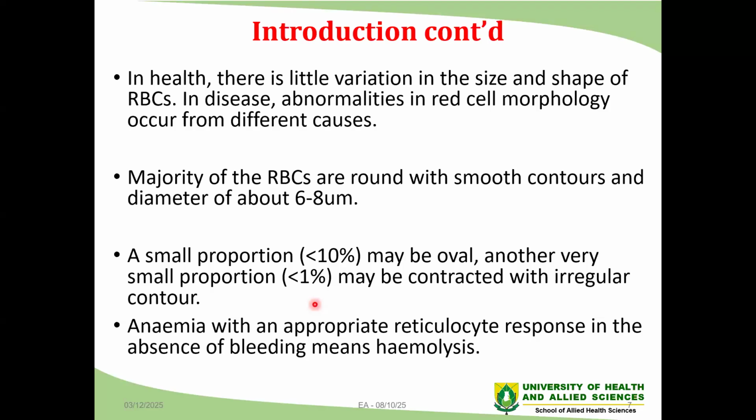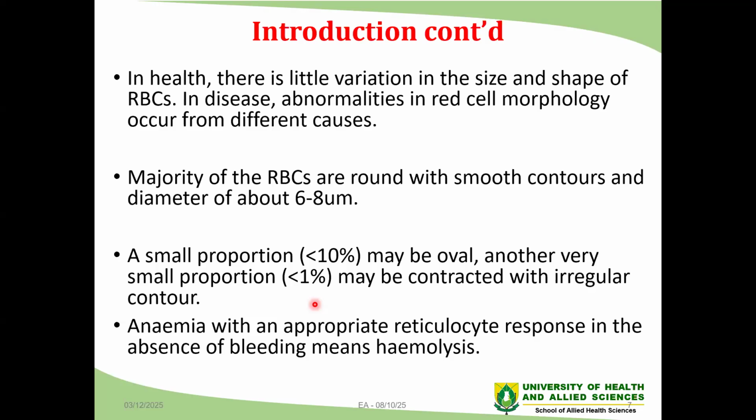However, one very important thing which is crucial when it comes to diagnosis of anemia, and to know how the bone marrow is responding to the anemia, is the reticulocyte response or the reticulocyte count. So when there is anemia and you examine a blood film, the blood film may point to one of two things, especially when the anemia is as a result of loss of red cells.